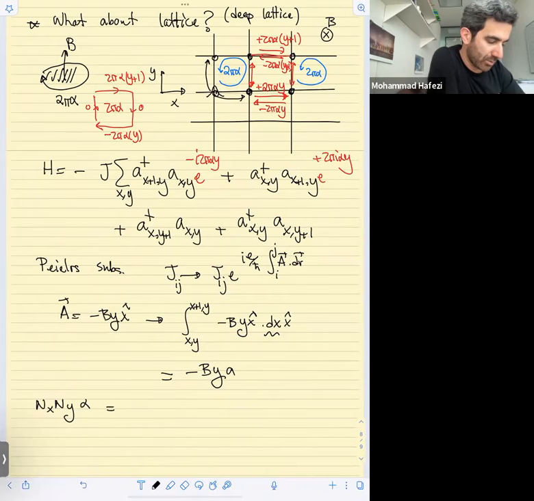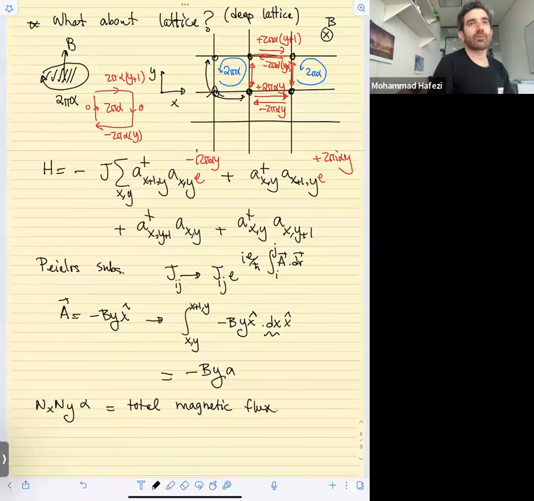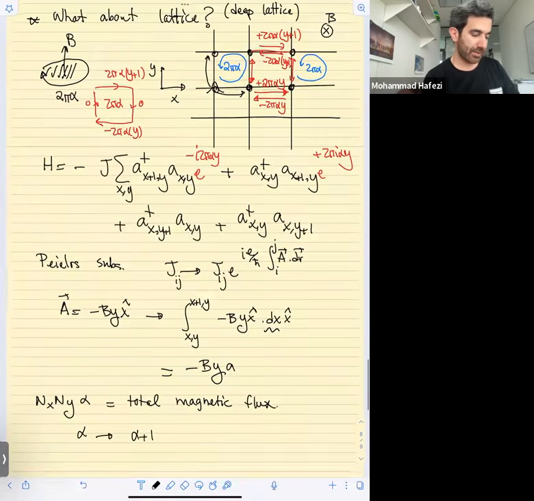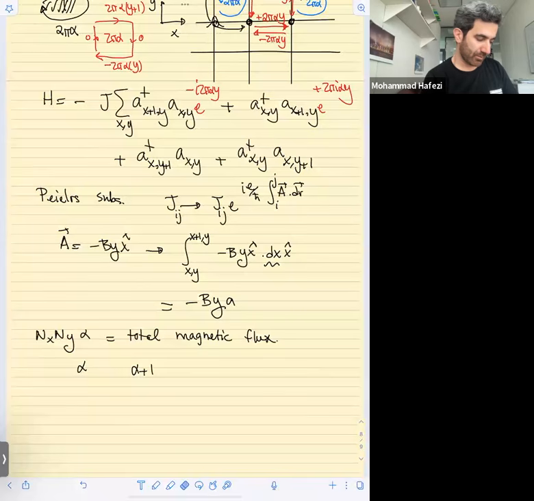So that would be the total magnetic flux. And alpha, as I said, is periodic. So alpha and alpha plus 1 are basically equivalent to each other. Sounds good?